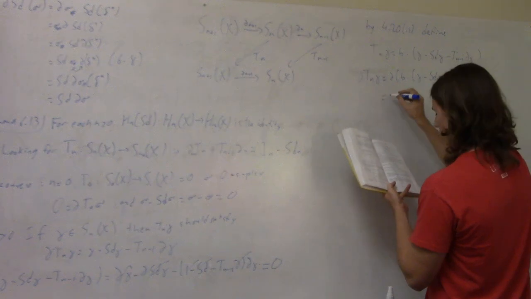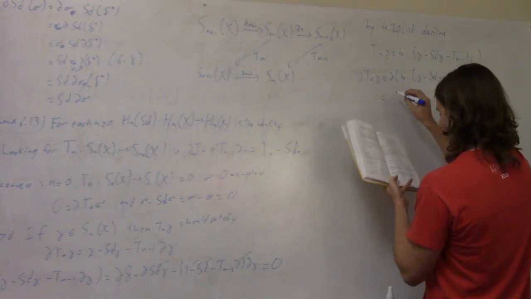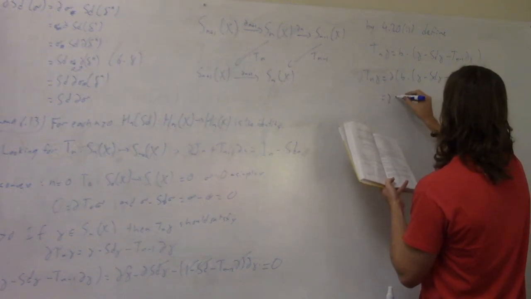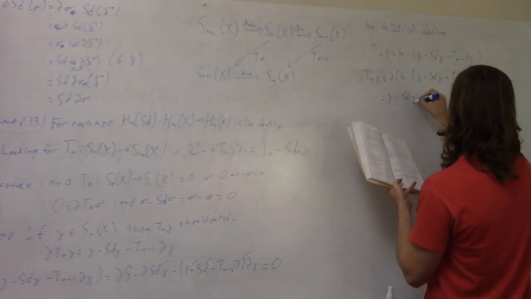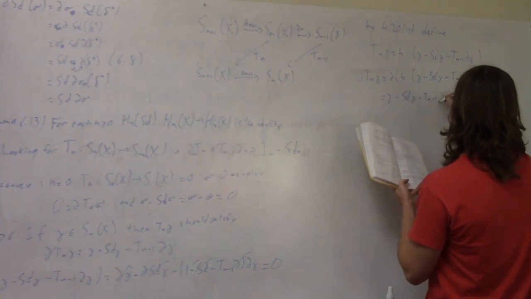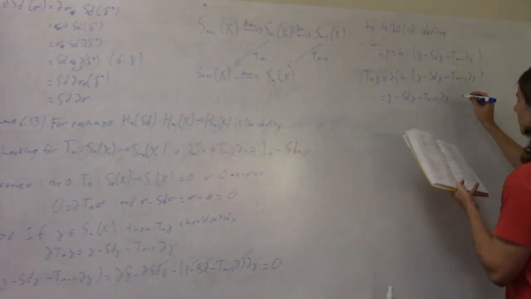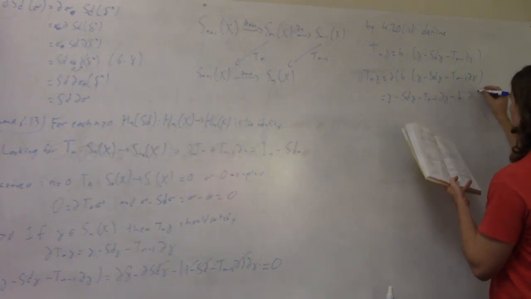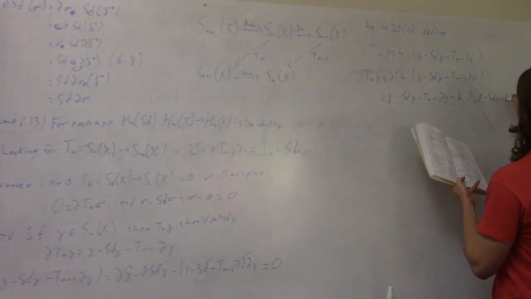Okay, so that's equal to the inside of this: gamma minus SD gamma minus T(n-1) boundary gamma, minus b dot the boundary of gamma minus SD gamma minus T(n-1).